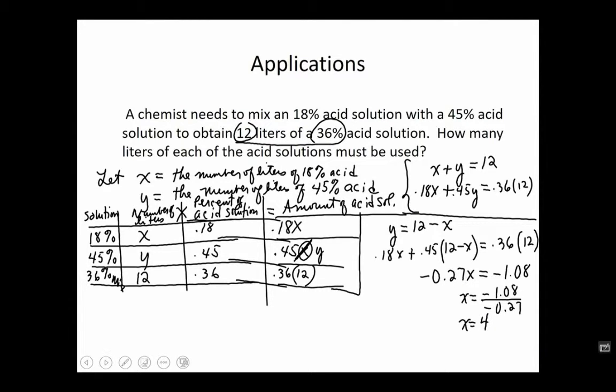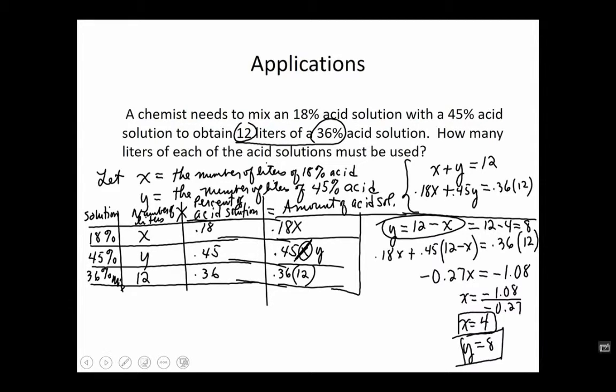All right, so x is 4. So we know 4 is x. What is y? We can go back to this, and we know that y is 12 minus 4, which is what? 8. All right, so we can answer the question. We have x is equal to 4, y is equal to 8.